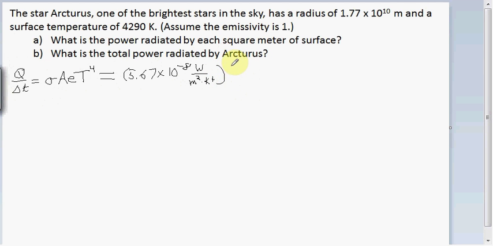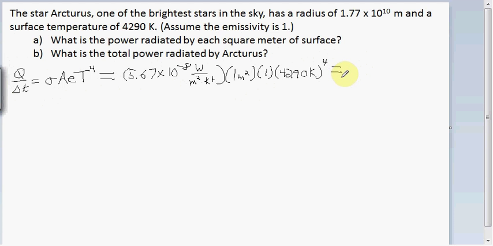The area, well, we want to know the power radiated by each square meter, so we're going to call this 1 square meter. Our emissivity we're going to take to be 1. Our temperature in Kelvin is 4,290, and that's raised to the fourth power.